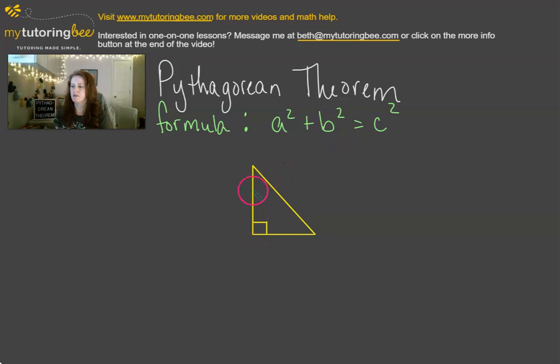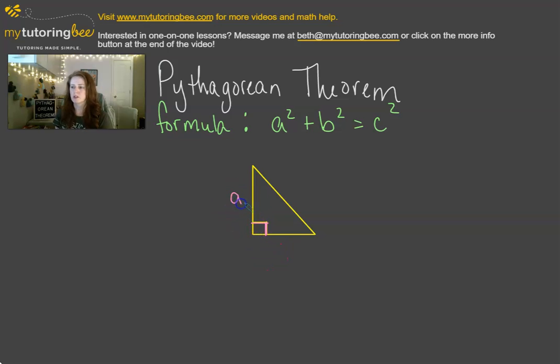So we have this right triangle, and we can tell that it's a right triangle because of this little box indicator right here that this is the 90-degree angle. The two sides that create that 90-degree angle are going to be your A and B sides.